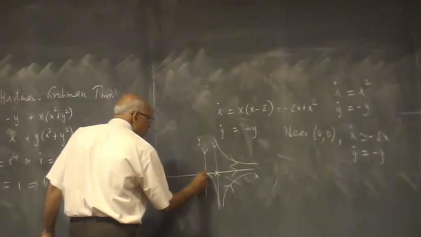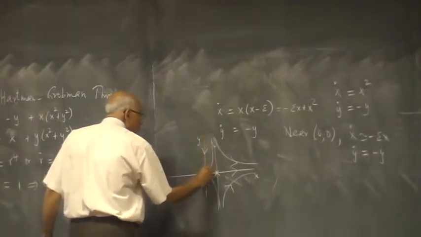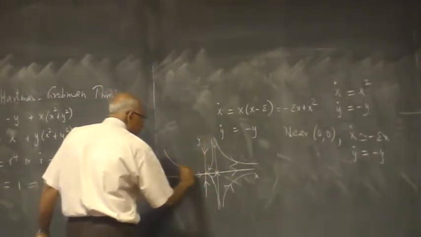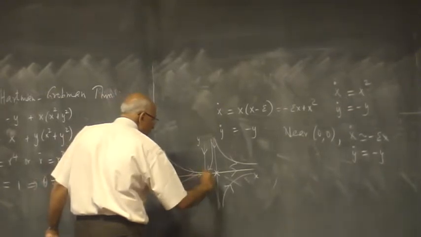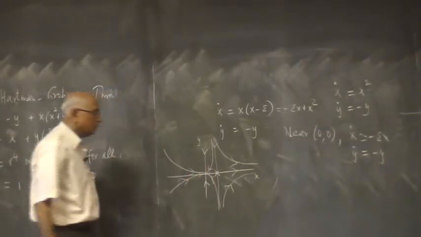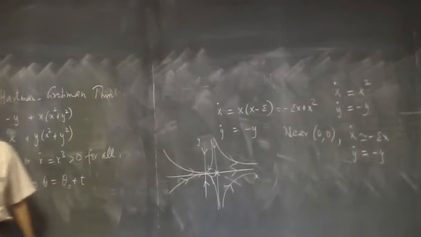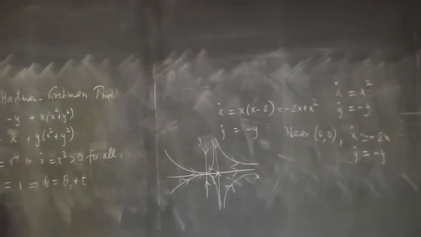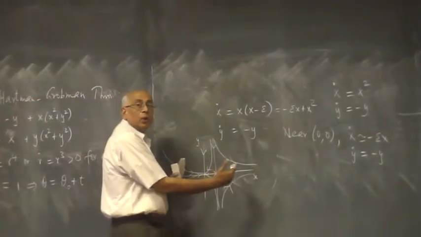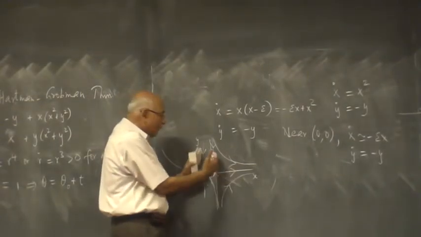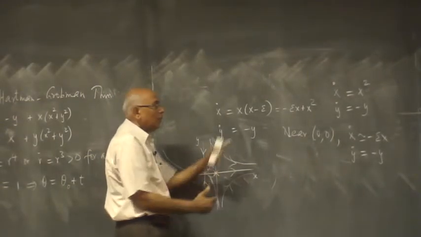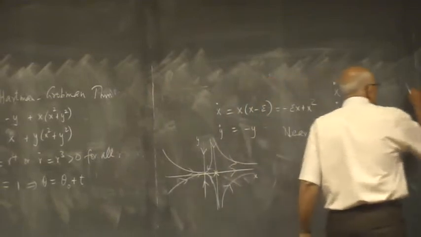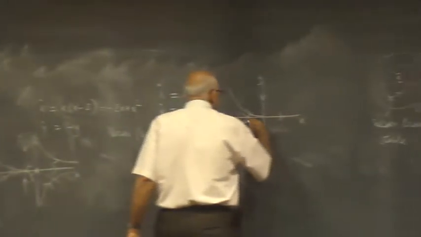It will do this and flow into that point. Things would flow in because it's asymptotically stable. That's what the flow lines would look like. And when you make epsilon go to 0, this region collapses and you get that picture. These guys will go like this.